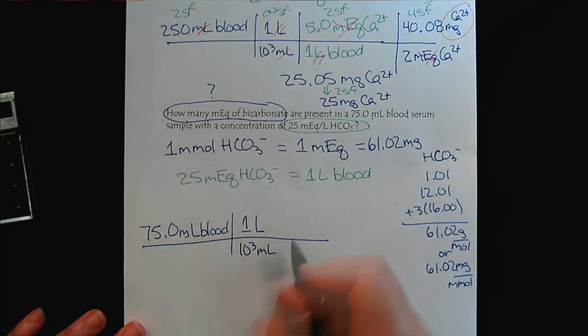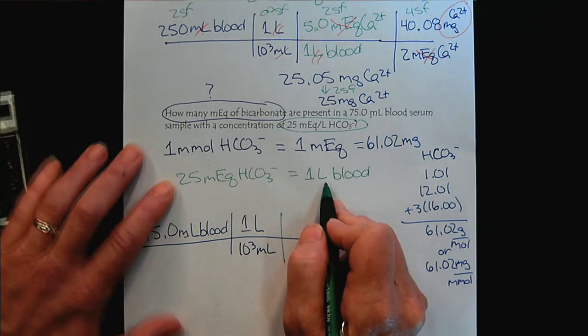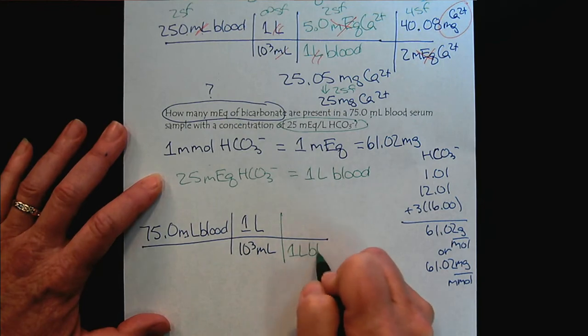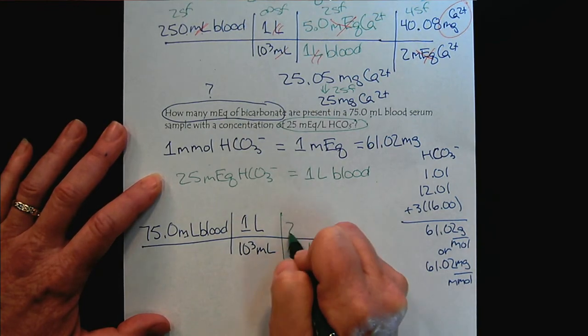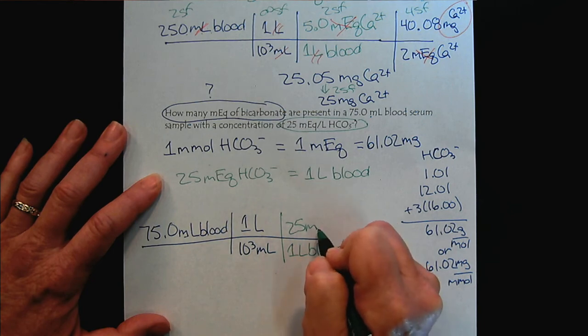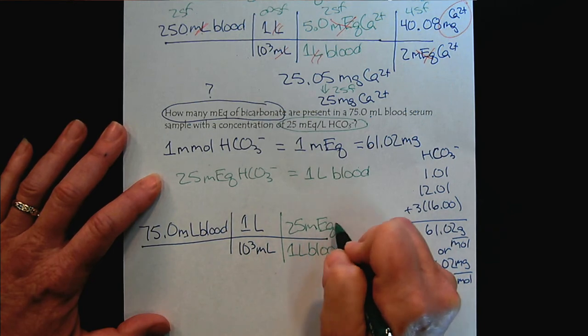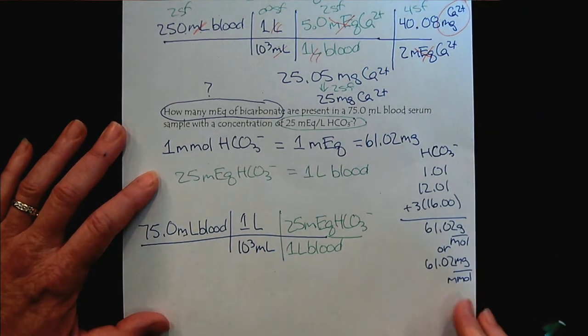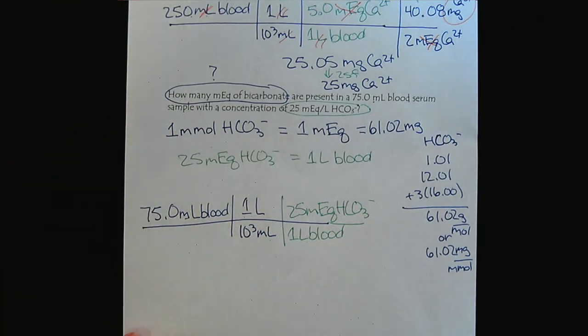And now that we're in liters, we can use the equivalent concentration of bicarbonate, 25 milliequivalents. Oh, and in this case, we didn't even need this part, but I tend to just do it anyway. So it's good review.